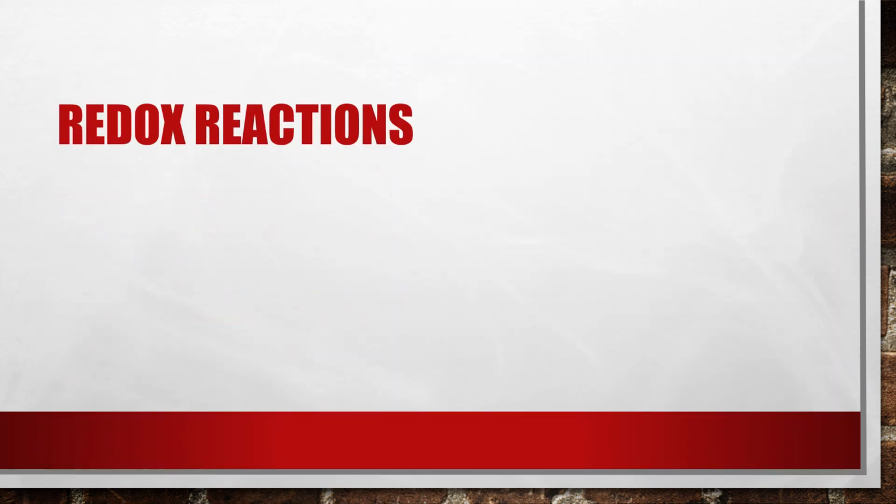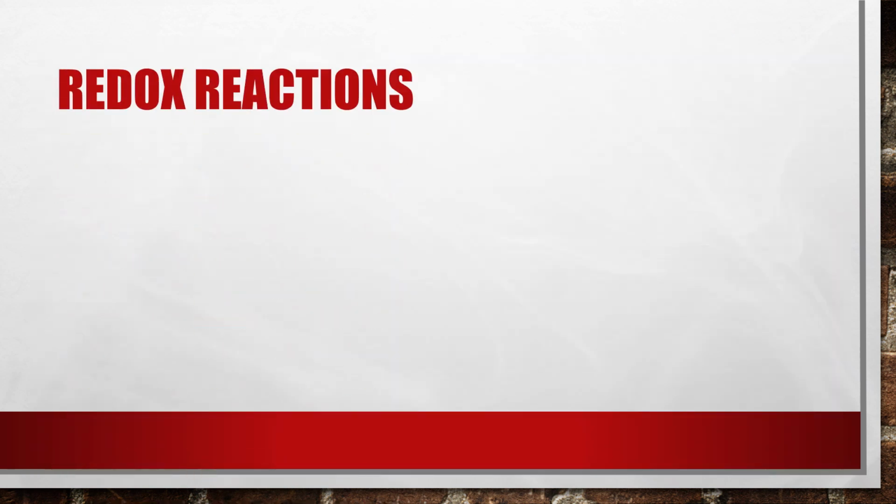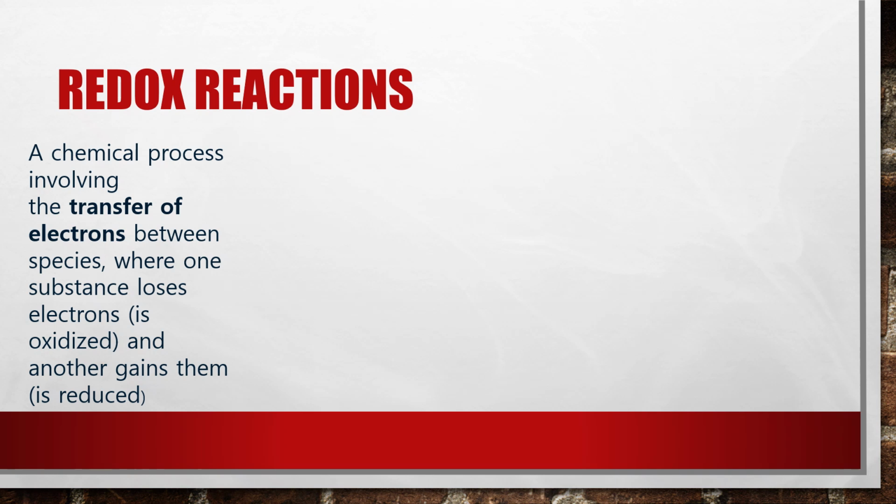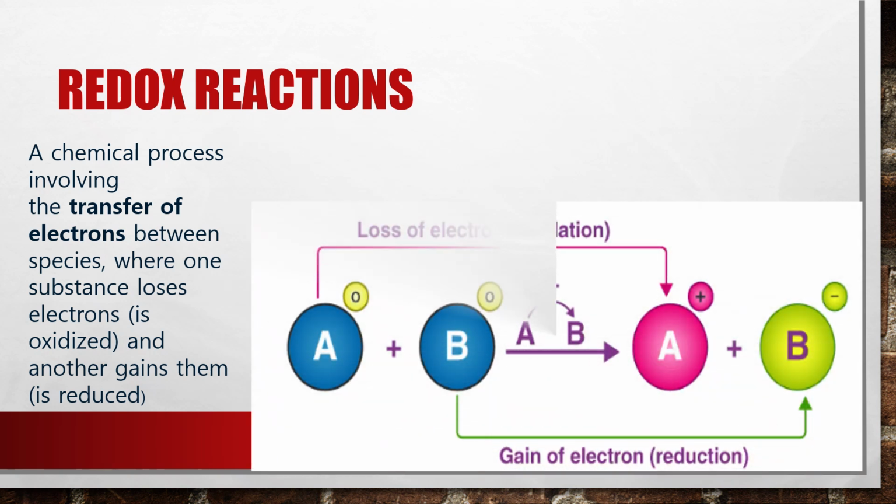Now moving towards the next slide, that is redox reaction. Whenever we have the word redox, one half is red and the other half is ox. Red means reduction and ox means oxidation.